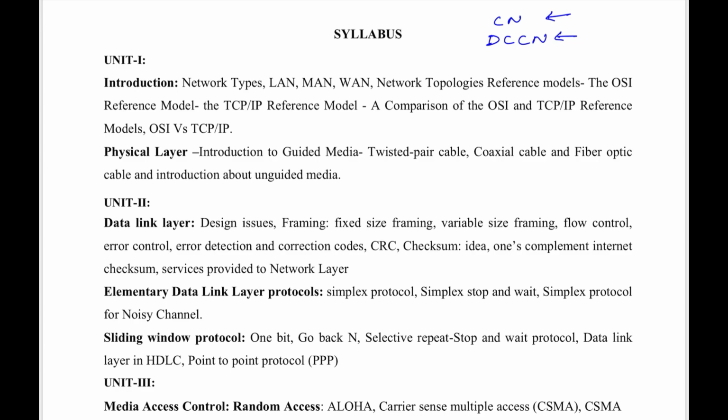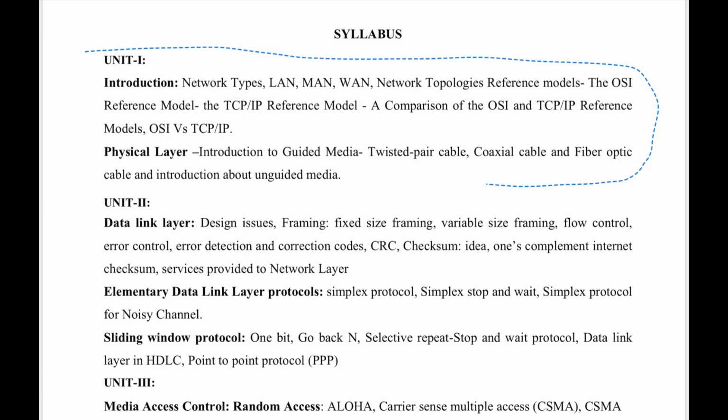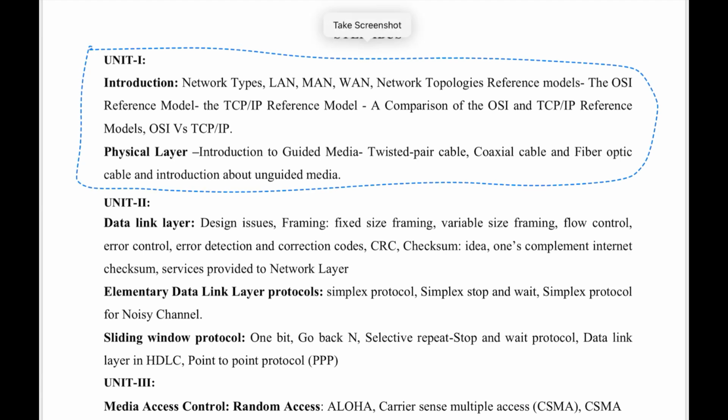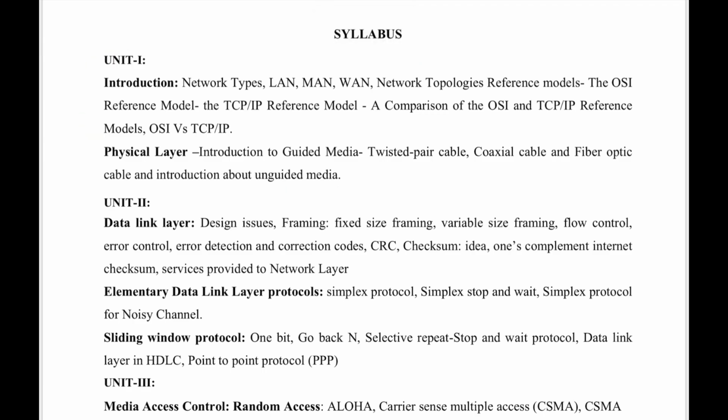In the unit 1, we're going to study an introduction to networks and the physical layer.